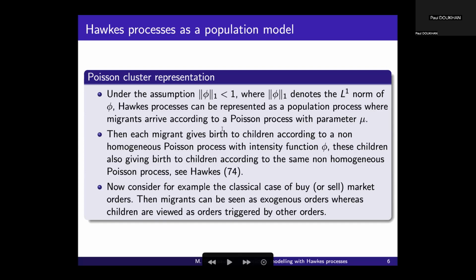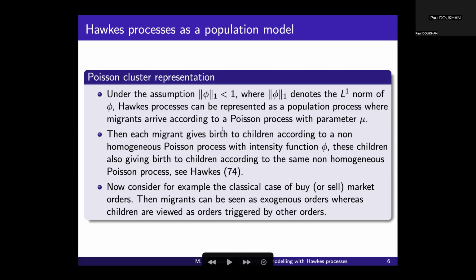We have the intuition that a Hawkes process can explode because it's self-exciting: if you have plenty of events, there are going to be even more events and so on. So it could explode. But the non-exploding condition is just that phi be locally integrable. But we're going to assume that the L1 norm of phi is smaller than 1. And then I'm just going to explain the branching structure underlying Hawkes processes.